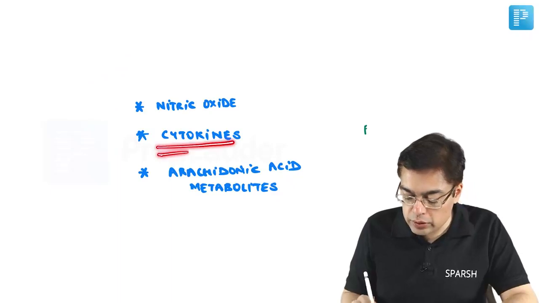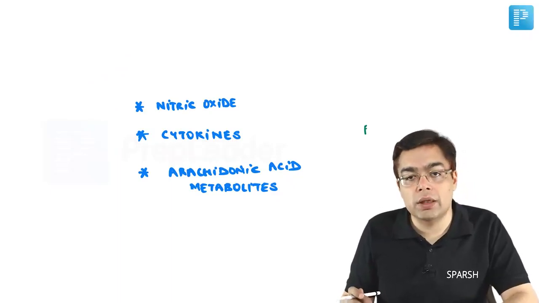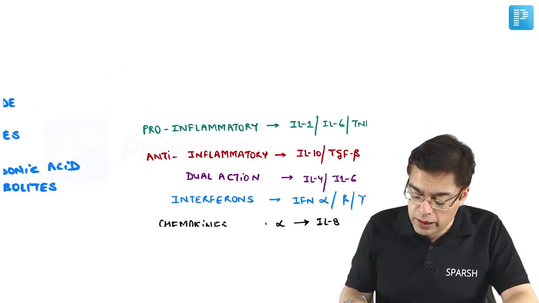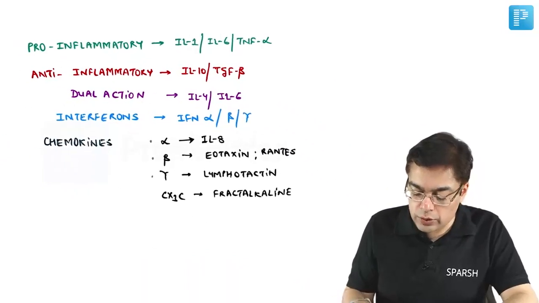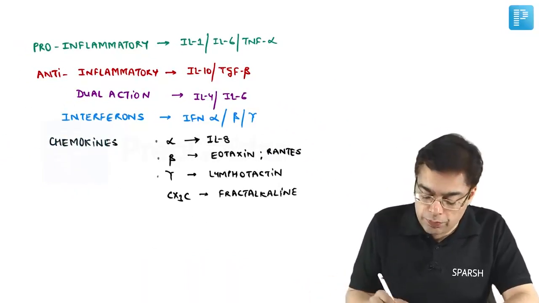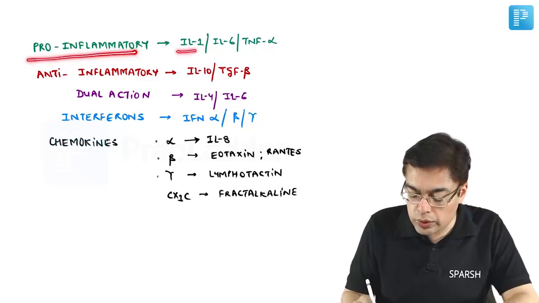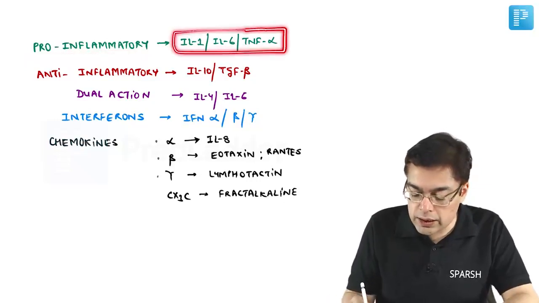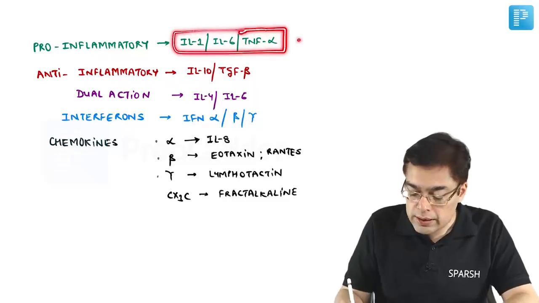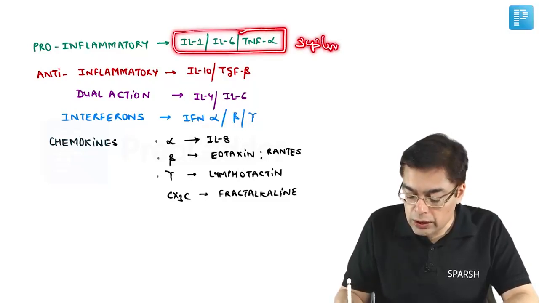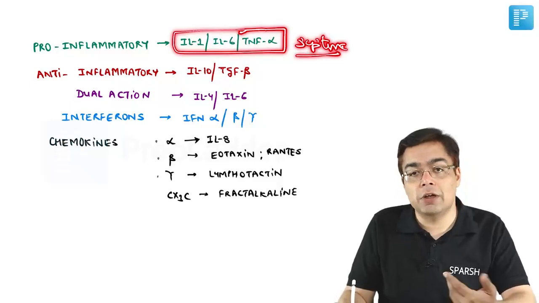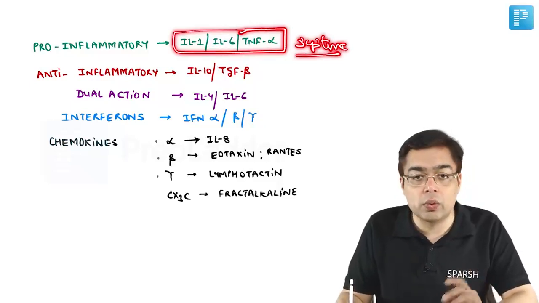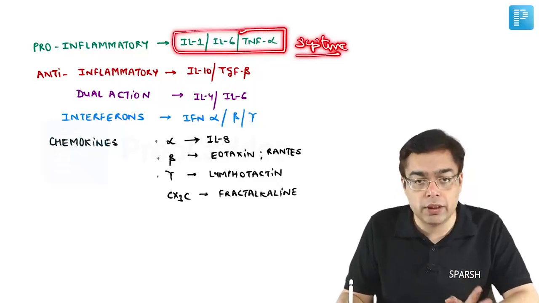Having said that, the cytokines can be subdivided into different categories. Examples of pro-inflammatory cytokines would include interleukin 1, interleukin 6 and TNF alpha. Remember the fact that these cytokines are responsible for contributing to the systemic effects of inflammation that we talked about in detail, having the effects in different organs in the body, including the liver, including the brain and the general condition of the individual.